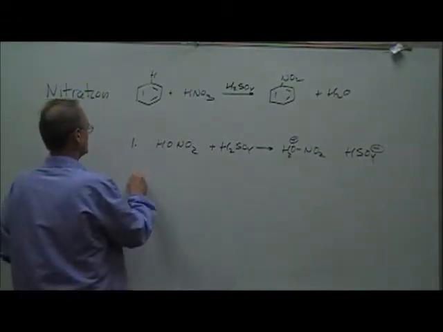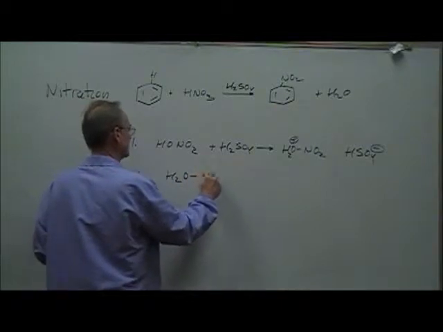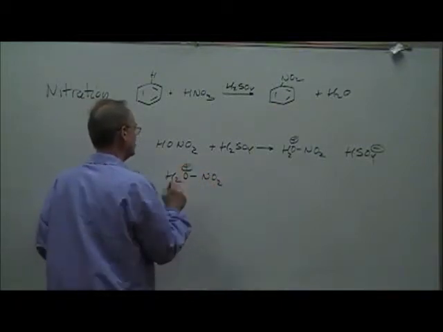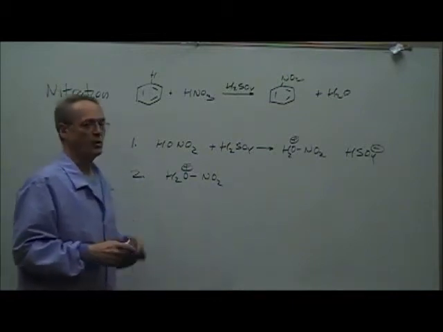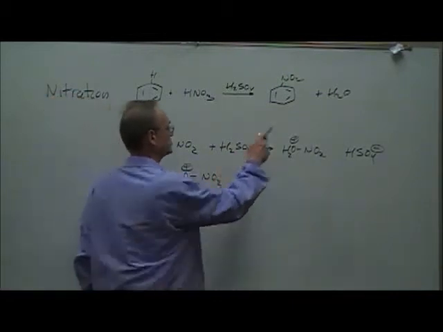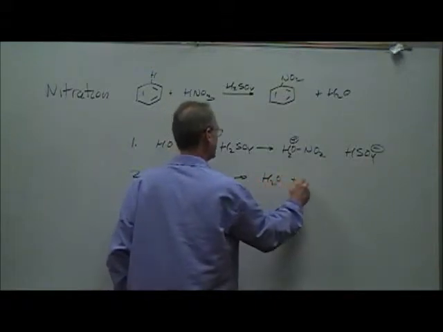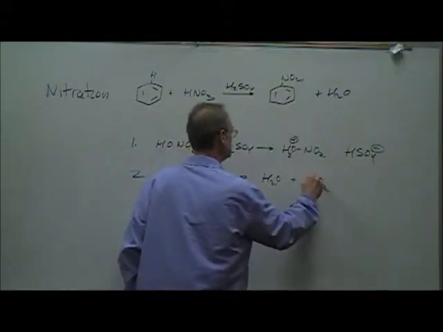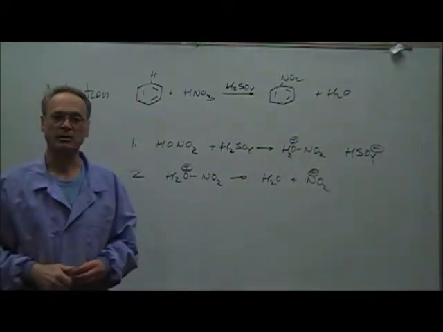Then what happens is that the protonated nitric acid, being extremely unhappy, having that proton attached to it, just kicks out the water. So water gets booted out, and that's where the water comes from in the final equation. So we get water plus NO2 positive, and it's the NO2 positive that's the actual electrophile.